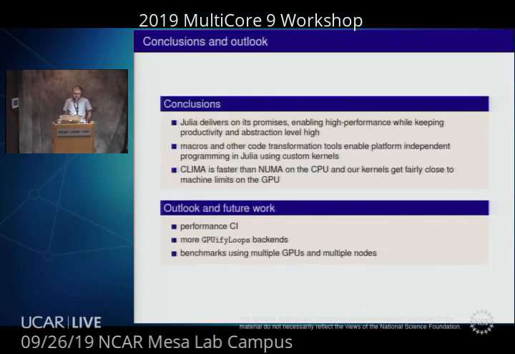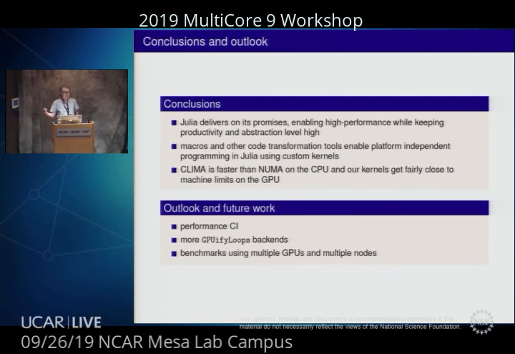Okay, so my conclusion, I guess I ran out of time, so you can read those. I will just say a few words about the outlook. So this was really the one significant benchmarking that we did since the project started.